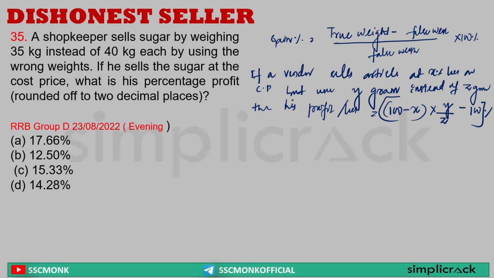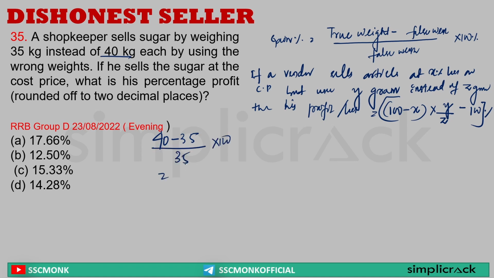Now what is happening? A shopkeeper sells sugar by buying 35 kg instead of 40 kg each by using wrong weights. If he sells the sugar at a cost price, what is his profit percentage? Sir, here the true weight is 40 minus false weight 35 divided by false weight 35 into 100.